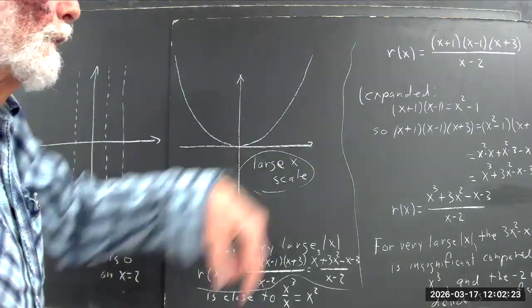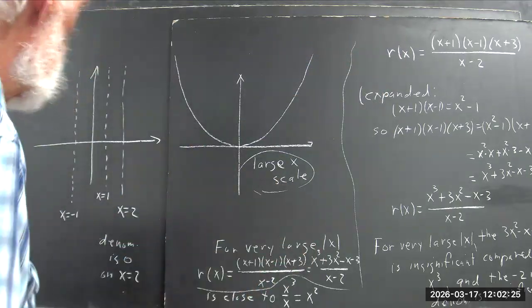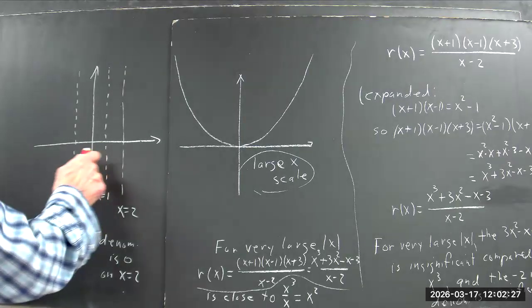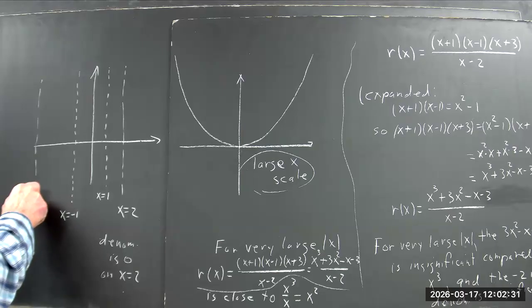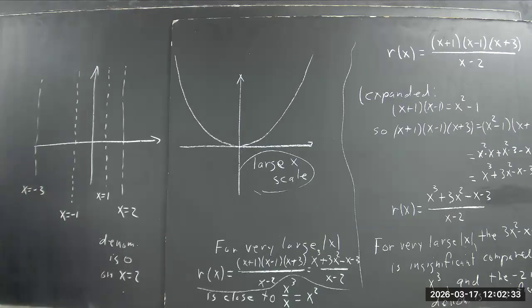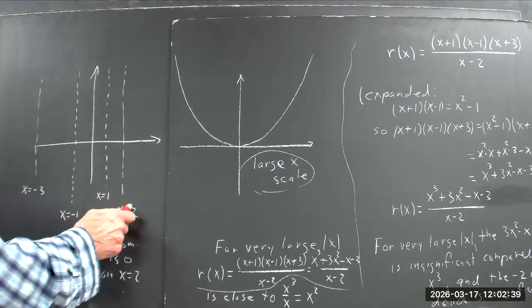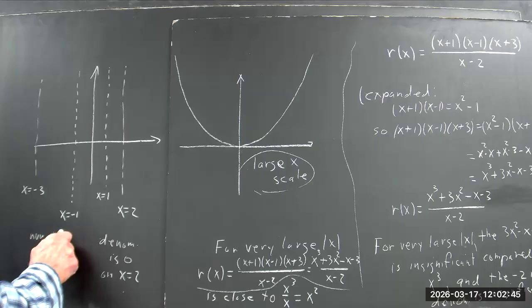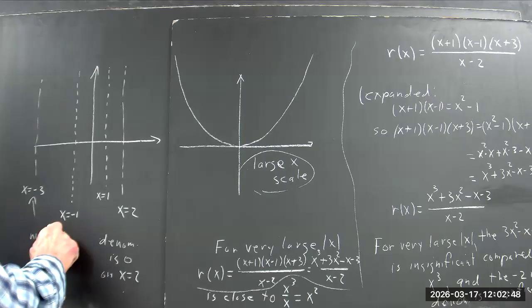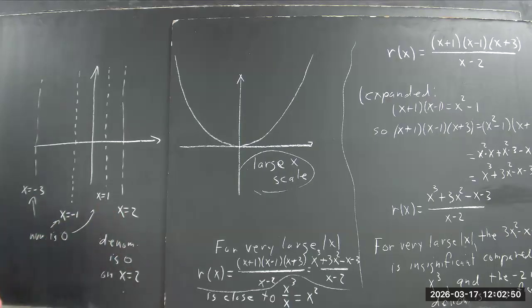And then x plus 3 equals 0. That's at x equals negative 3. So I come over here all the way to x equals negative 3. I know the numerator is 0 at each one of these 3 points. Zero here and here and here.